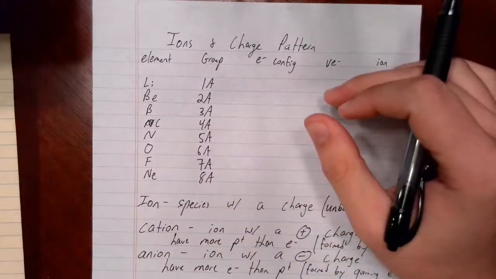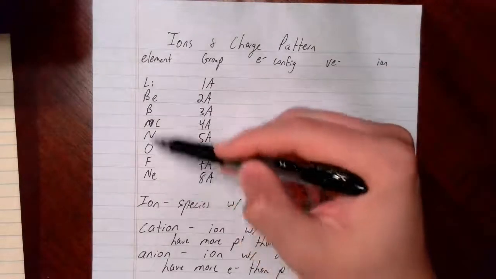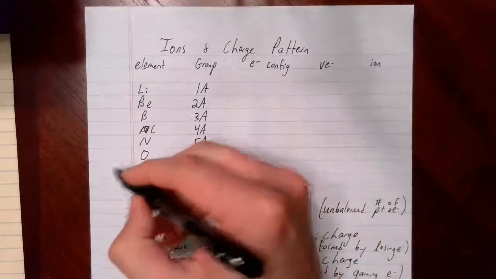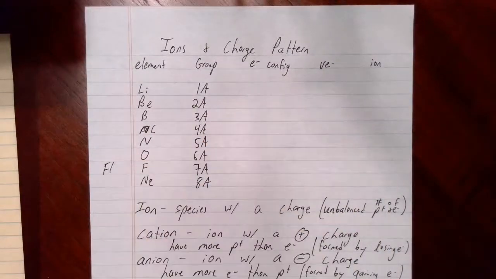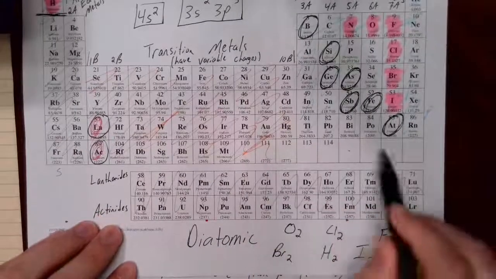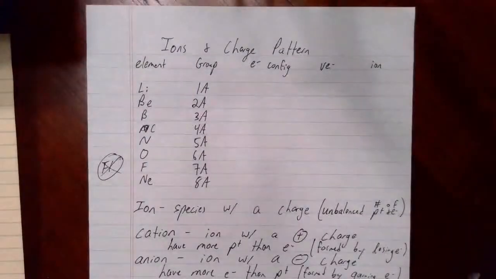Also, hopefully at this point you're pretty confident with your elements and their symbols. The one common mistake that I do see repeatedly is listing fluorine as Fl. Okay, don't do that. Some periodic tables actually have an element down in this area, Fl, that's flavorium, so don't ever try and use that. Okay, fluorine is just F.